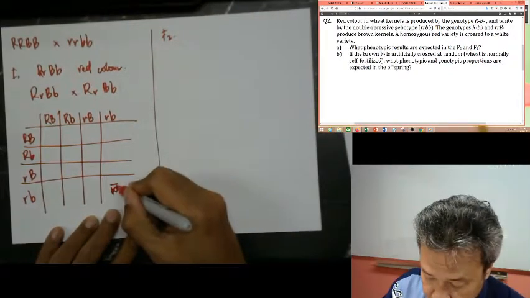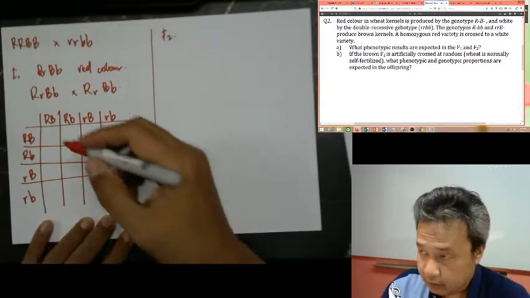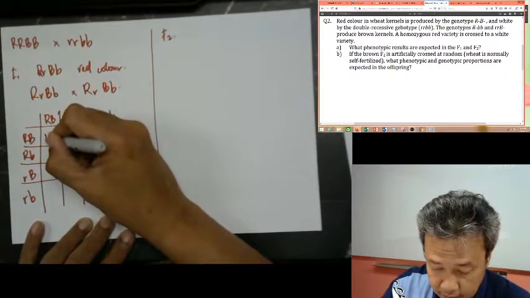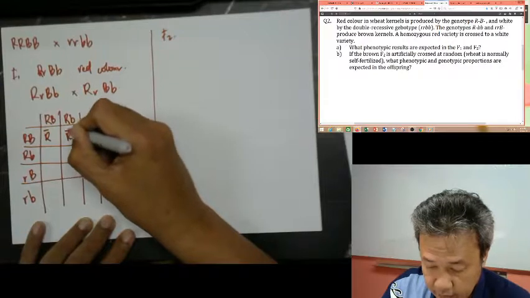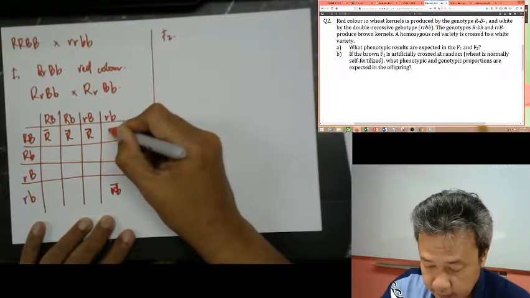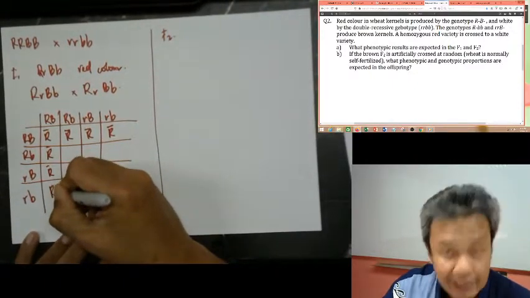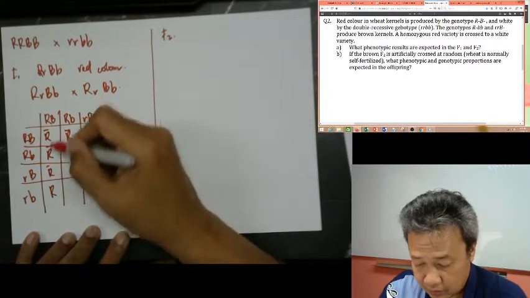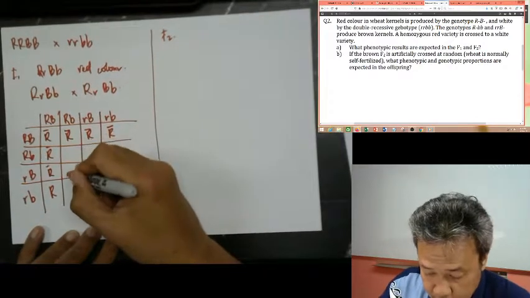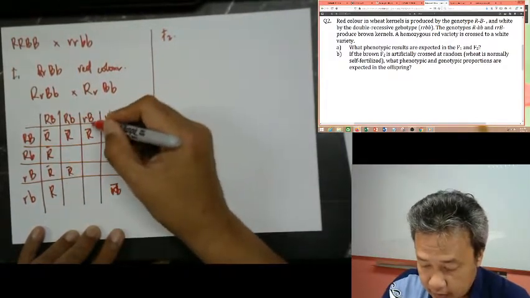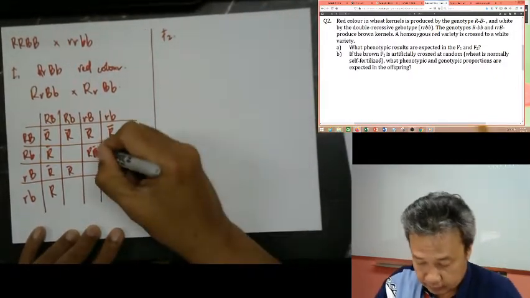And then if you have both big R and big B, this will be red, so this one will be red, red, red, red, red, so this one will be red as well. You understand that, yeah? Because each of these will have at least one big R, one big B together. And this one and this one will also be red, and this one will also be red.